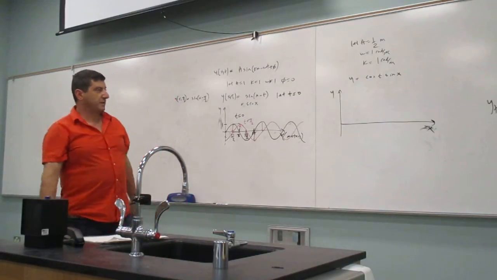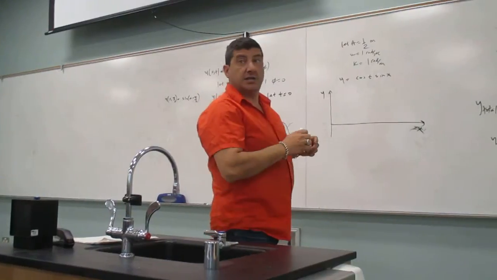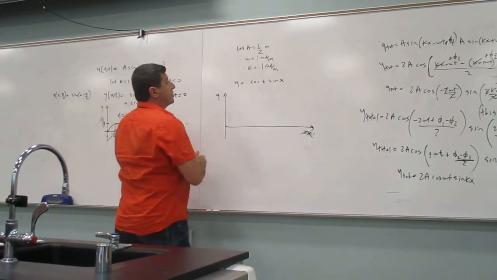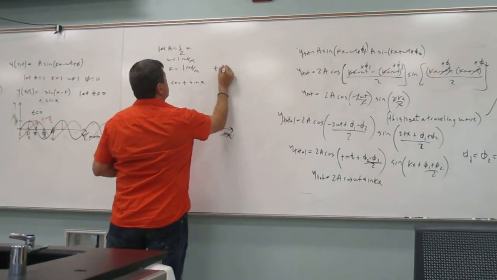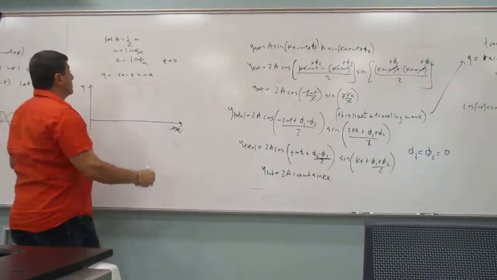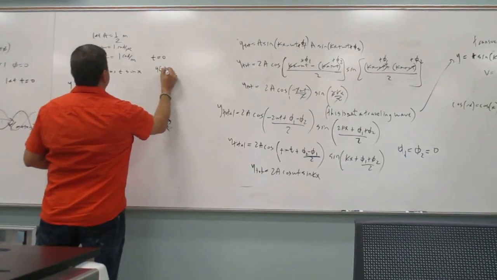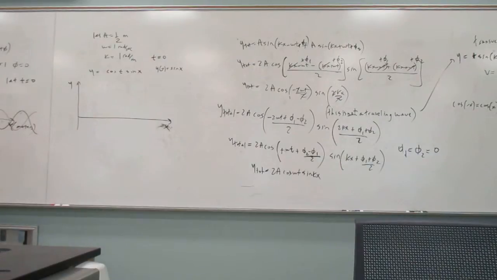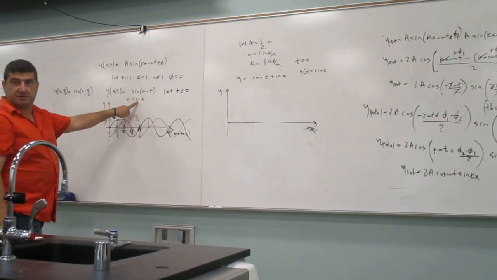And see? Okay, so now let's do the same thing with this wave, and let's see why it's called a standing wave. So let's take t equals 0. And you have here y of x equals sine of x, right? So what does that mean? Then it just looks like this, you see?